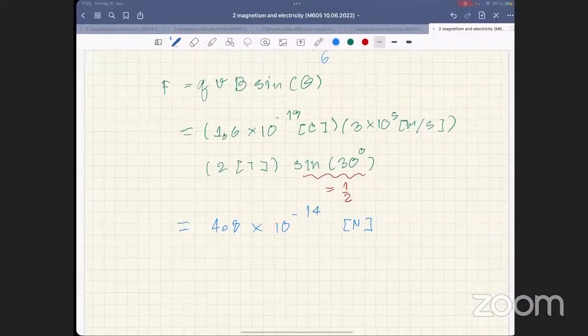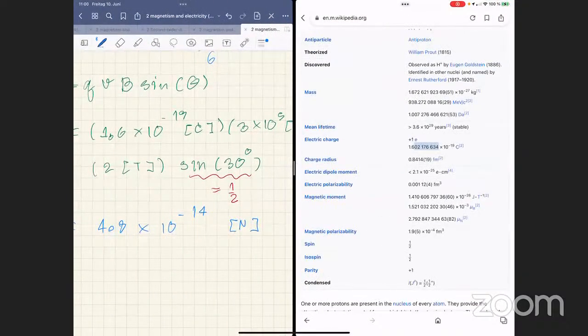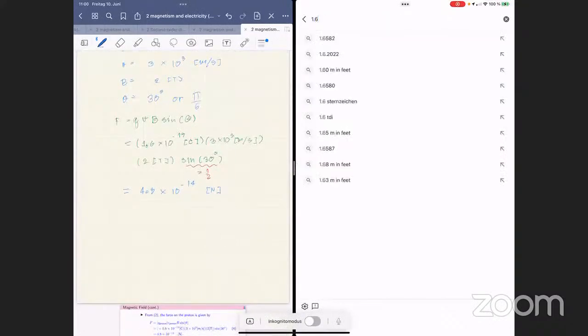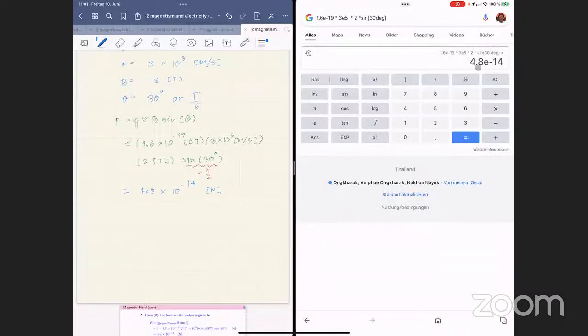If you don't believe me, we can use the calculator. What is that? 1.6 E minus 19 times 3E5, and times 2, and times sine 30 degrees, and we get 4.8 times 10 to negative 14.